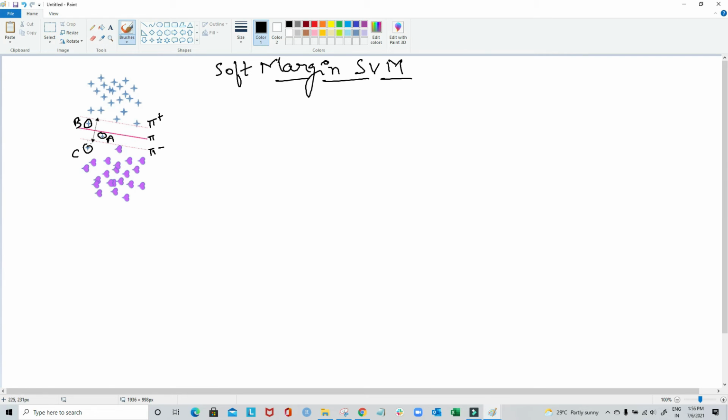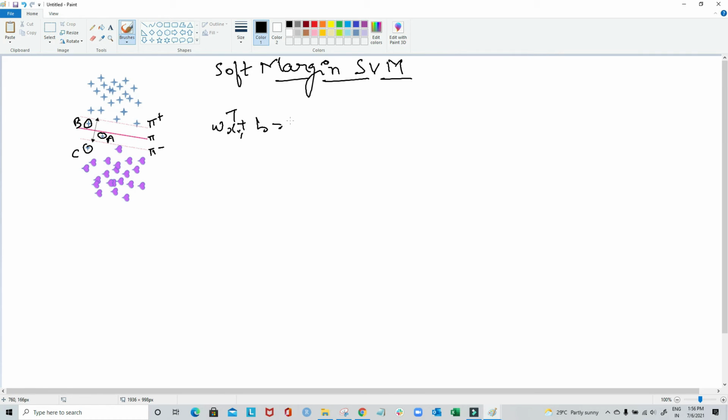As we know, the equation of the plane is W transpose xi plus b equals 0, and yi can be minus 1 or plus 1.